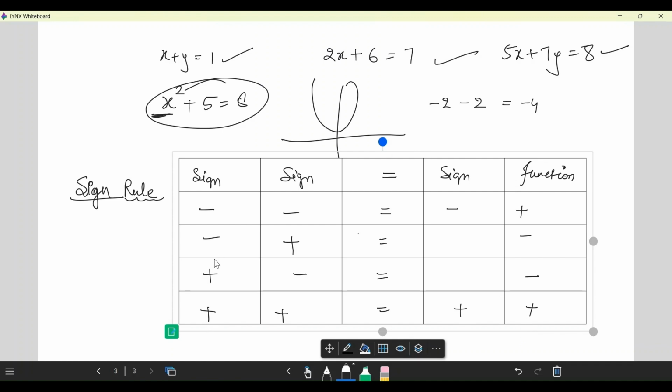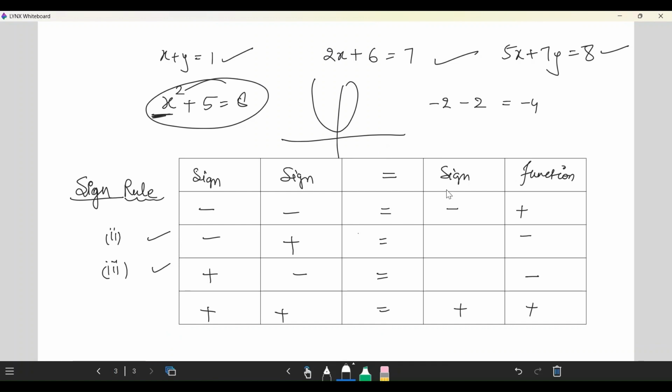Okay, so I'm giving the example of parts number second and third. If I write minus 5 plus 8, the function will be minus but the sign will be positive, meaning plus 3. It means you lend money to someone, like you give 5 rupees to someone.